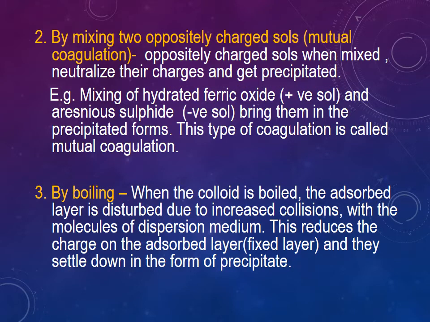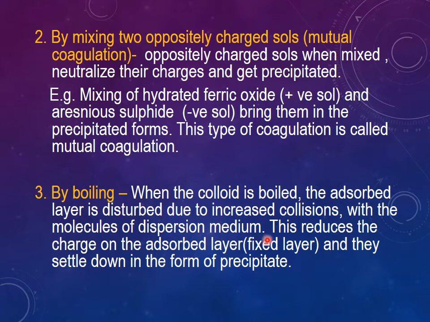Example, mixing of positively charged hydrated ferric oxide colloid and negatively charged arsenious sulfide colloid brings them into the precipitated form. This type of coagulation is called mutual coagulation. By boiling. When the colloid is boiled, the adsorbed layer is disturbed due to increased collisions with the molecules of the dispersion medium.